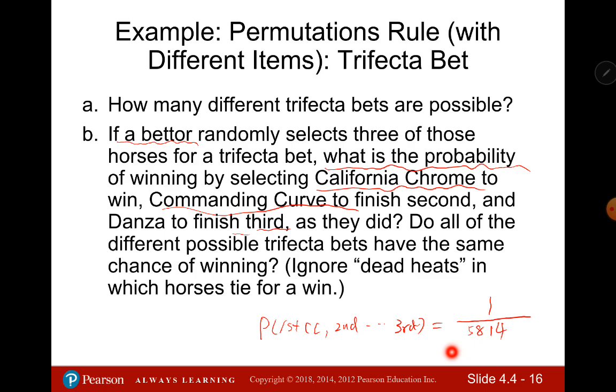So this is the probability, 1 over this number. If we just talk about the possible outcomes, we are doing a counting problem, so that will be the answer. But if we are talking about the probability, make sure you know it's 1 over that number.